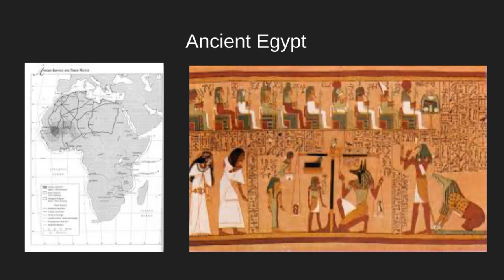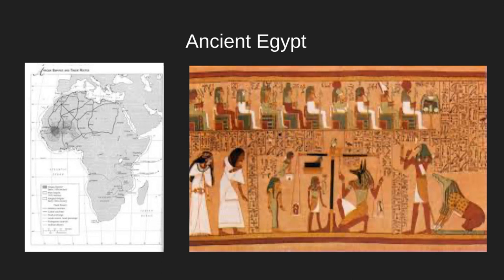Now, on the right, you see an image of Thoth with his writing implement. This is the famous scene from the Egyptian Book of the Dead. Even Plato in his Phaedrus observes that Thoth, even for the Greeks, was construed as the inventor of writing. So Thoth is the Egyptian god who invents writing.